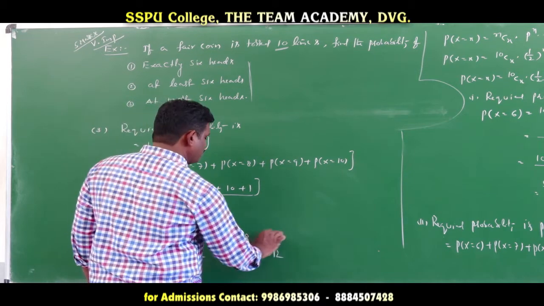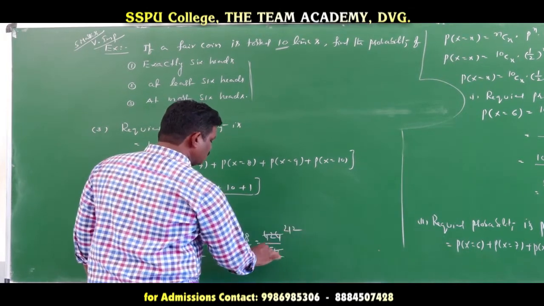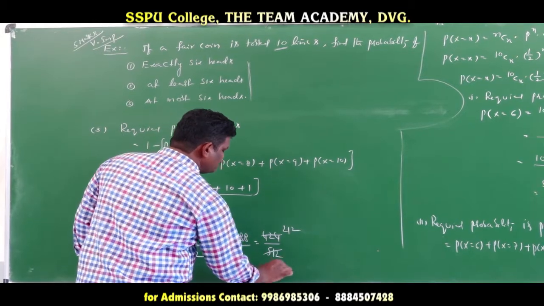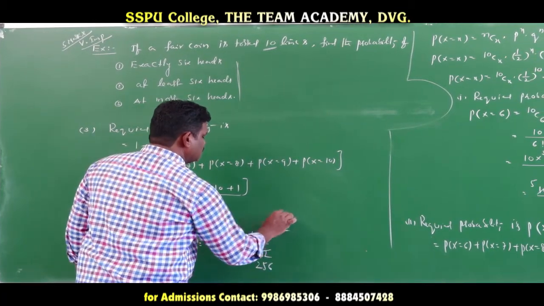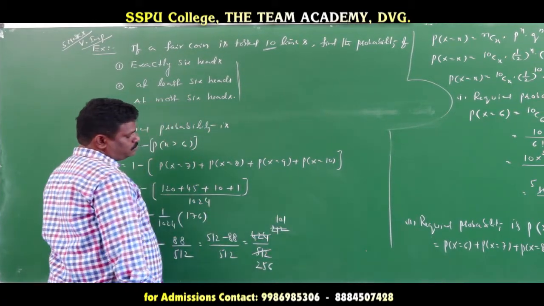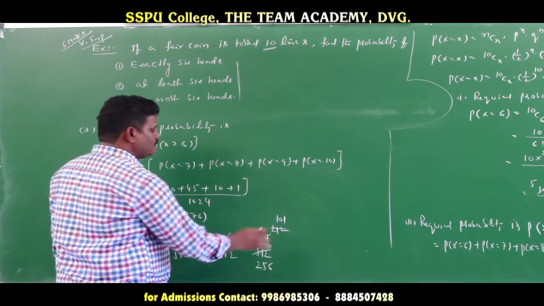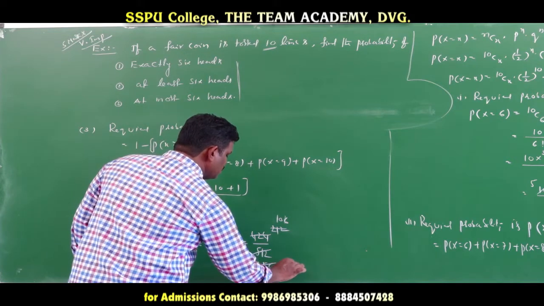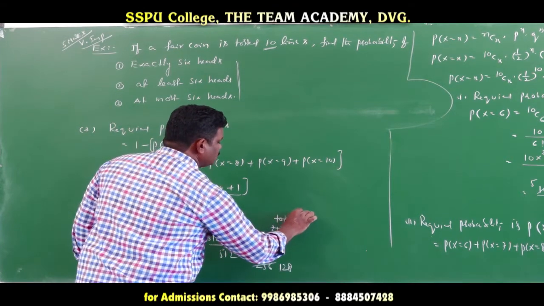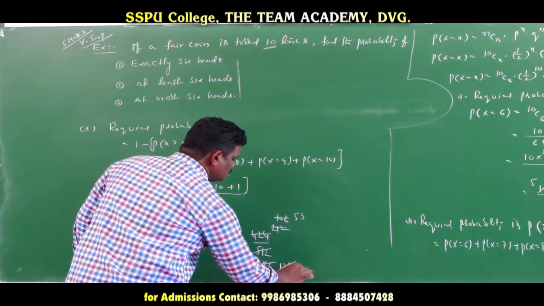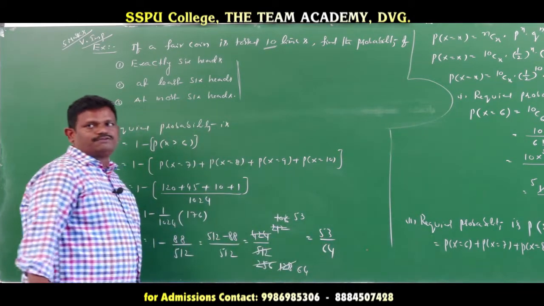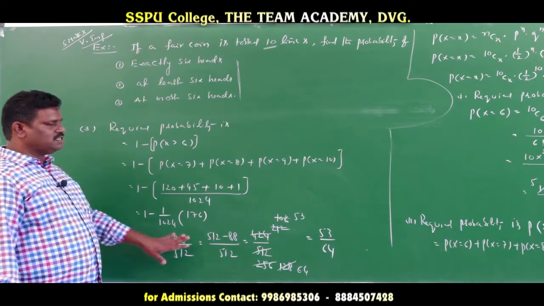Again, if you apply the 2 table: 2 2s are 4, 2 5s are 10, 2 6s are 12, 2 10s are 20, 106 this value. Next again 2 1s are 2, 2 2s are 4, 2 8s are 16, then 2 5s are 10, 2 3s are 6, then 2 6s are 12, 2 4s are 8. So finally this value 53 by 64. 53 by 64. This is the third case.